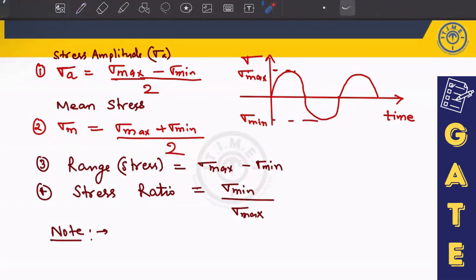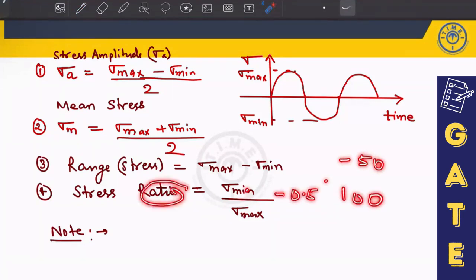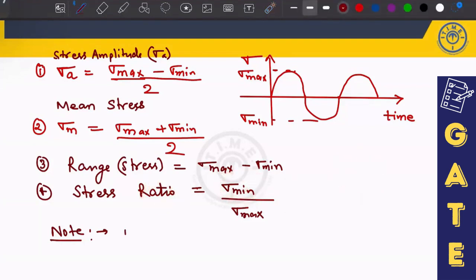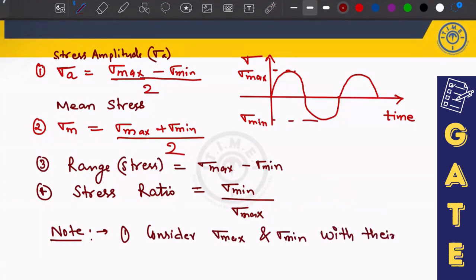So let us suppose the minimum stress is given as -50 and maximum is 100, so the stress ratio will be minus 0.5. Okay, so you have to consider the maximum stress and minimum stress with their sign. Okay, so please make a note of this.